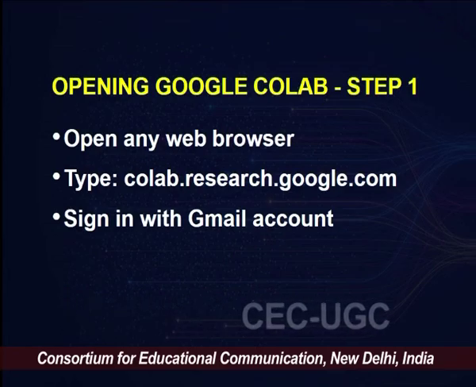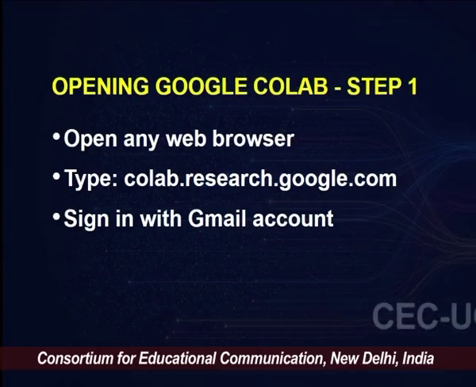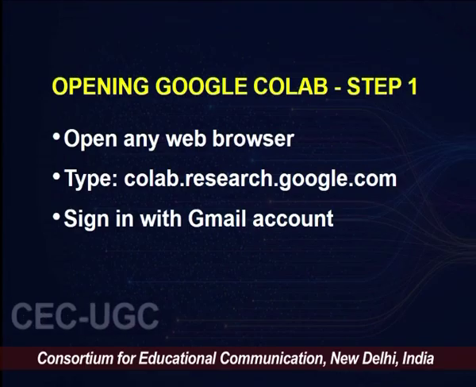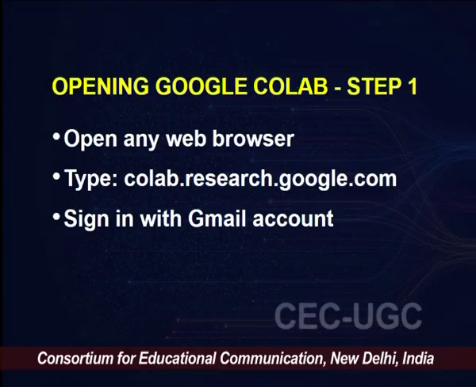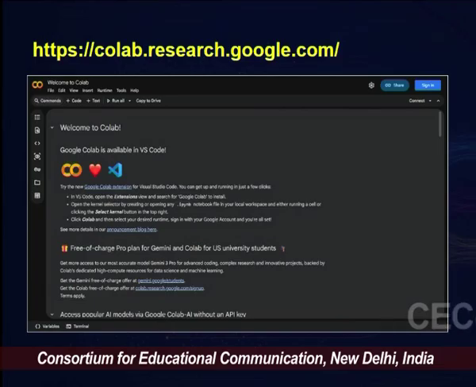To open Colab in your web browser, you need to go to colab.research.google.com. And there you can sign in with your Gmail account. You can see on your screen, this is a typical welcome introductory screen of Google Colab. It has different components, but worry not, we'll go over it and understand how we can use Google Colab to run data science problems.